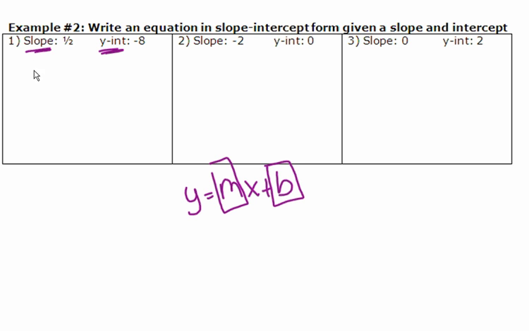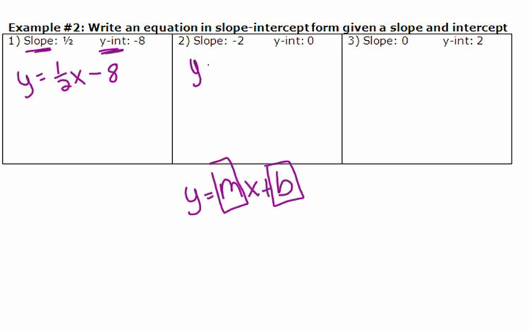So like for example, for number 1, I know the slope is 1/2 and the y-intercept is negative 8. So I would have y equals 1/2 x minus 8. And that's slope-intercept form. So I would do the same thing here.